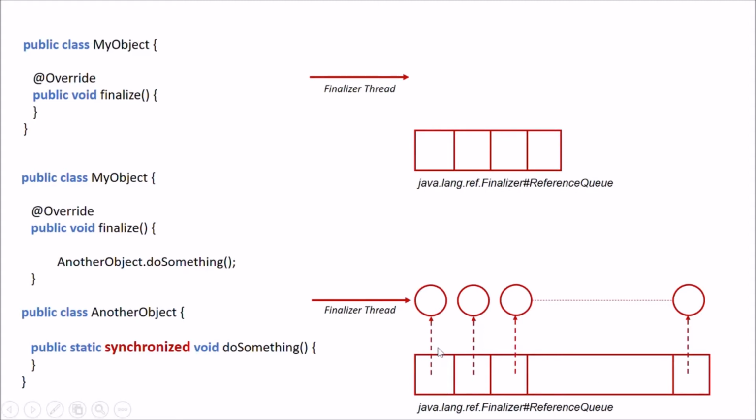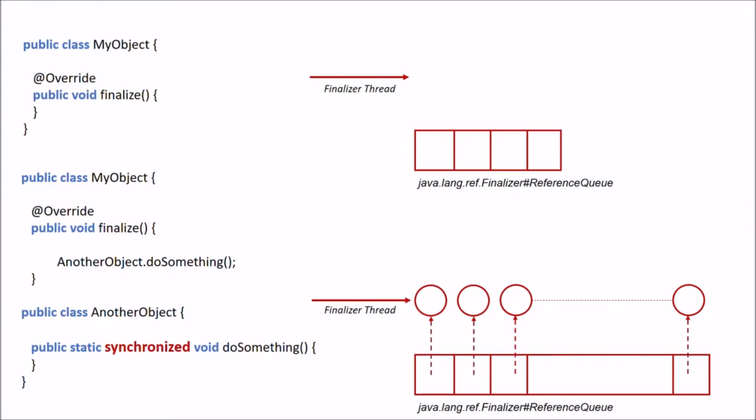That means very soon your application is going to experience an out of memory error. Your game is going to be over very soon. So when you're analyzing thread dumps, you have to look at what your finalizer thread is doing and what state it is in. It's a very sensitive thread, and you have to pay very proper attention to what the finalizer thread is doing in your thread dumps.